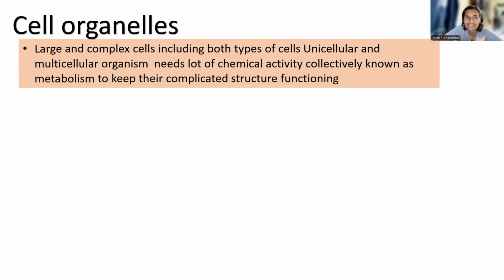Large and complex cells means both types of cells, either a unicellular organism or a multicellular organism, eukaryotic organism or prokaryotic organism. They all have to live and function, and for the function they are all doing metabolism.